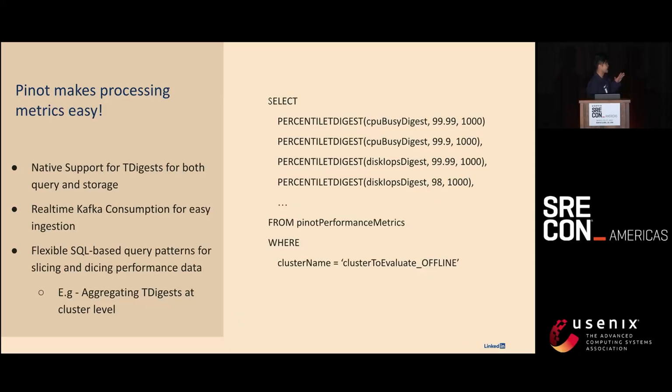You can put any number for the percentile there: 99.99, three nines, four nines. It will give you a really accurate estimation of the percentile data on, for example, CPU metrics.